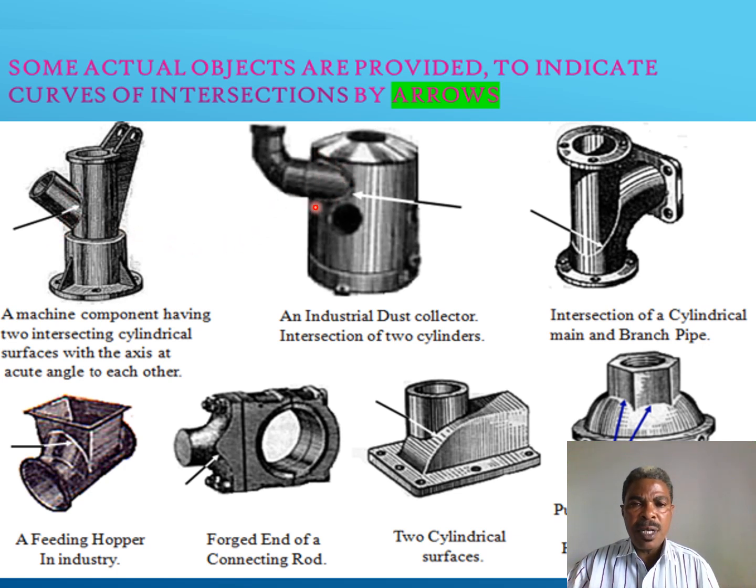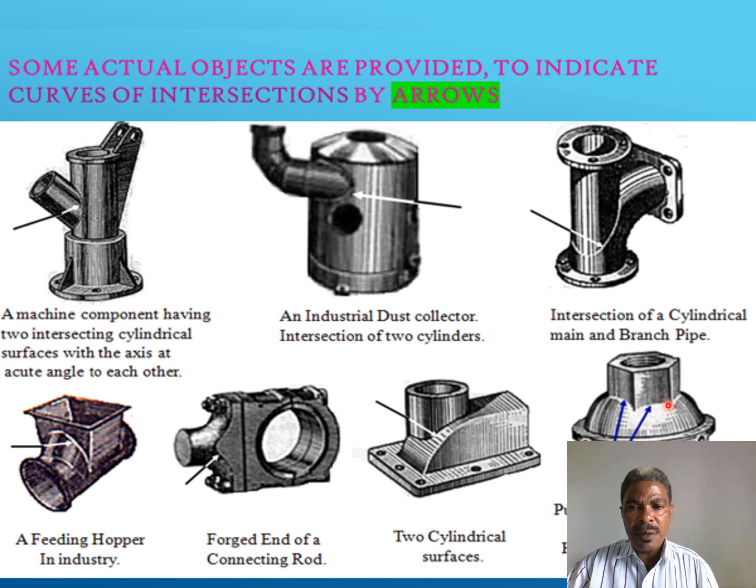So we should have a strong joint here to ensure no breakage, no leakage. You can see these arrows are provided to indicate where the curve for interpenetration is formed.